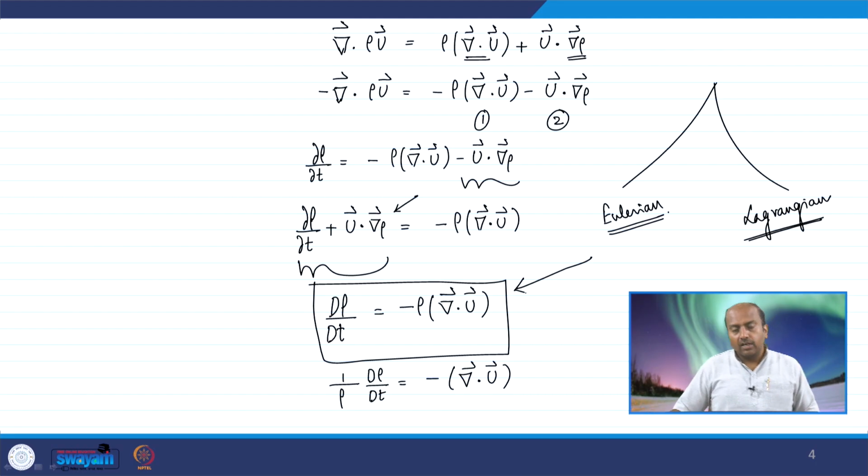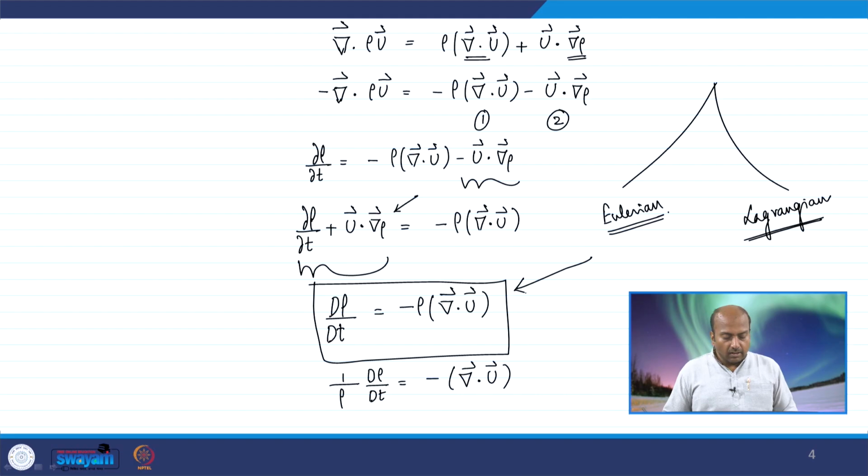Or if it is different, is there any way that we can reduce it, or prove both forms of continuity equations are one and the same? Because the continuity equation simply says about the law of conservation of mass. In whichever way you express it, the meaning of the equation should be the same. It cannot be different.